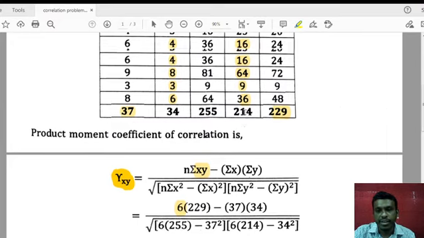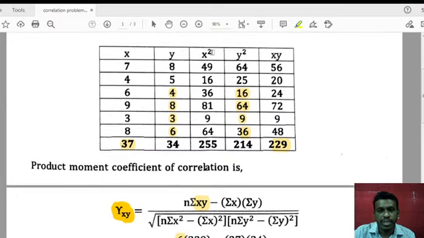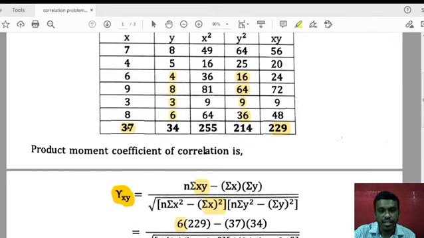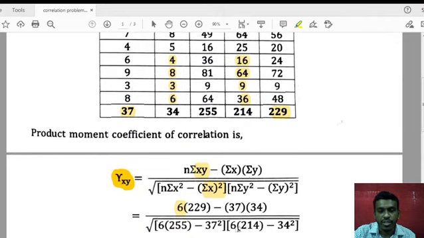Summation x square is 255, so 255 minus summation x the whole square, that is the square of summation x, which is 37 square.